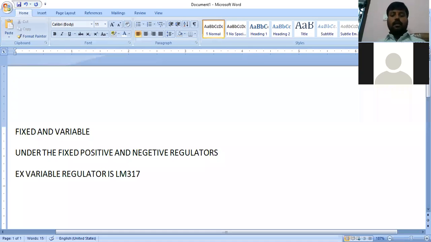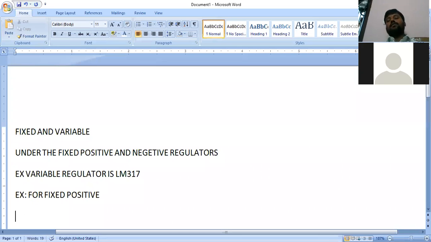Example for variable regulator is LM317. Okay, and examples for fixed positive. Under the fixed positive regulators, there are again so many types, starting from 78.